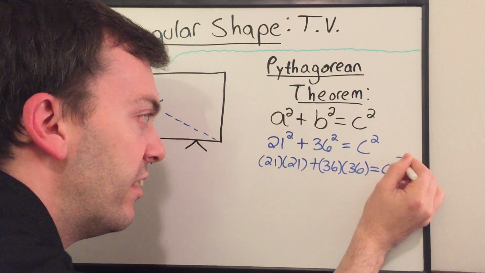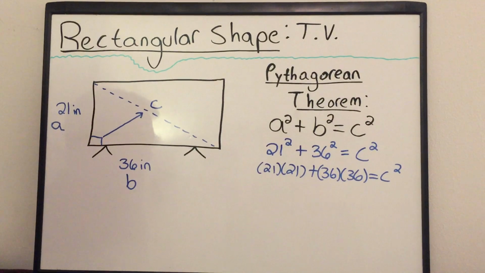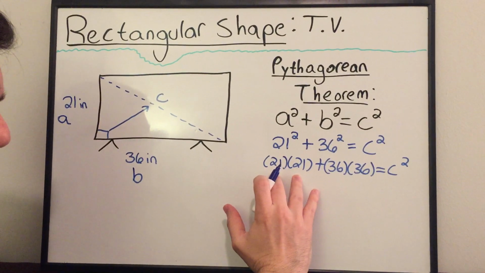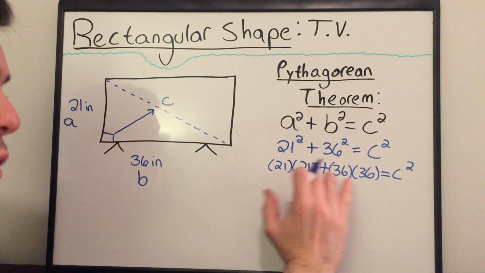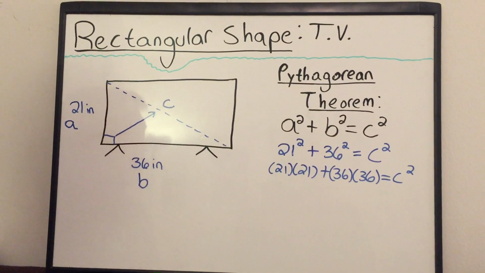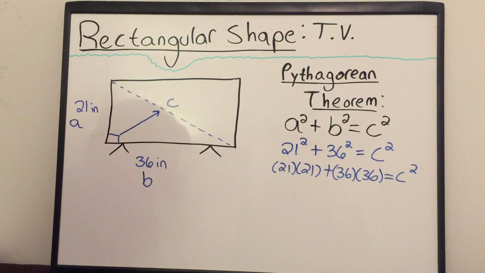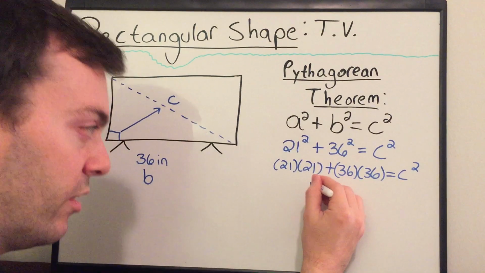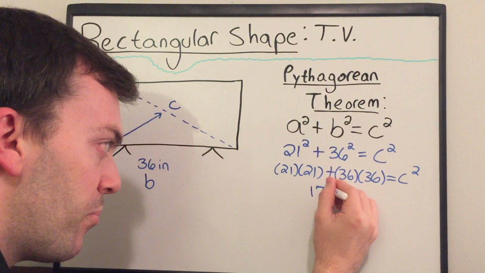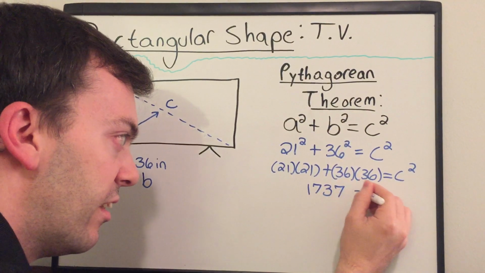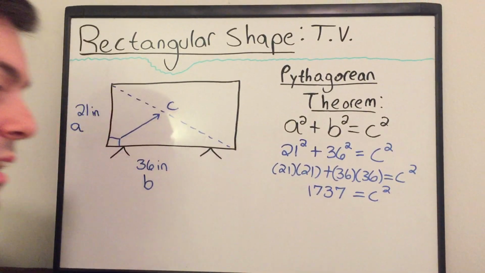If you don't have a calculator that allows you to do exponents, just multiply each dimension by itself, then add them all together. When I do that, I get 1,737 equals c squared.